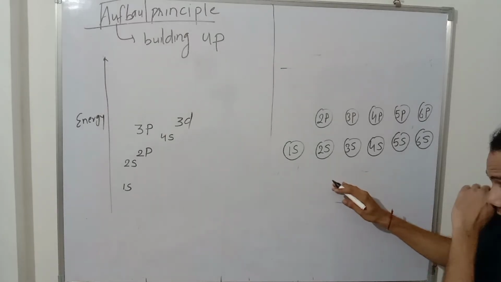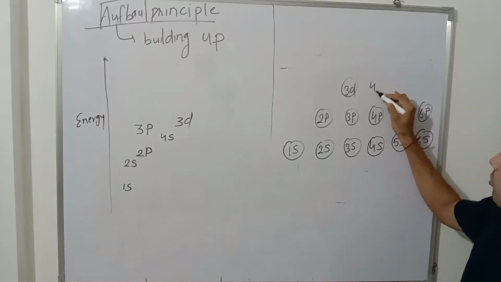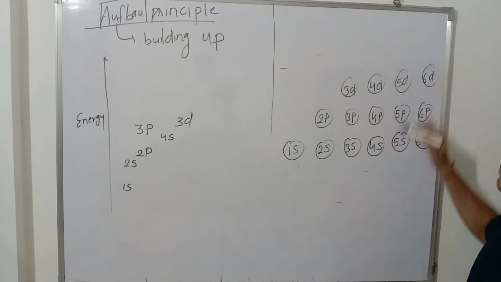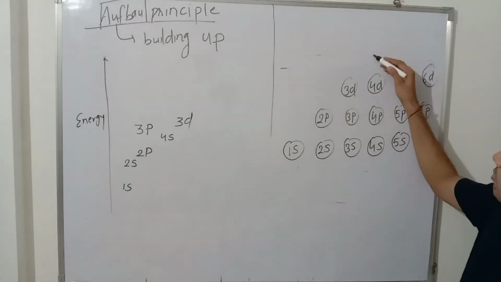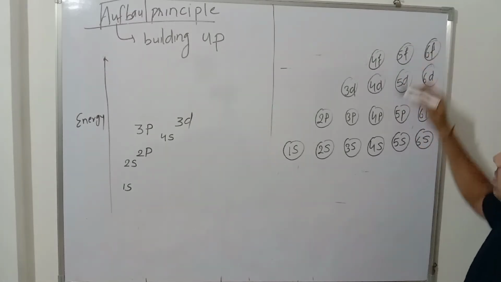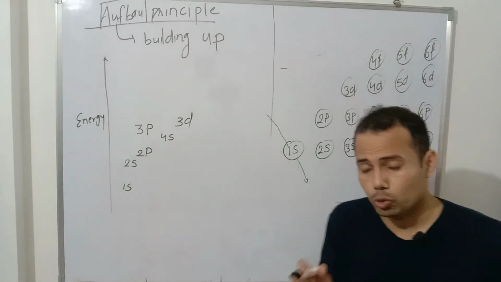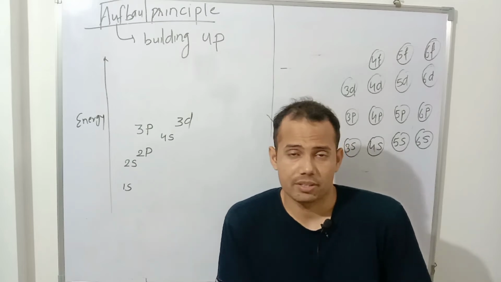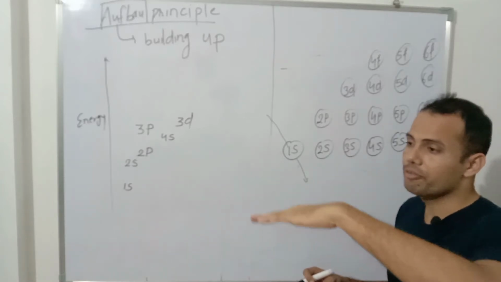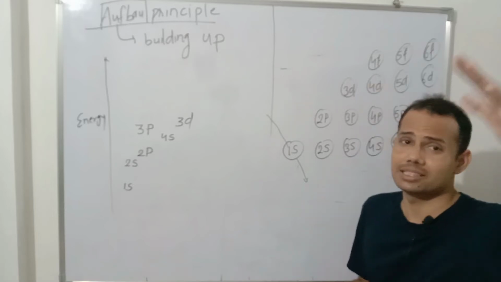Then next will be 3d, 4d, 5d, 6d. Next will be 4f, 5f, 6f. The lower energy level is the one very close to the nucleus, the first orbit, and it has lower energy. As we move away from the nucleus, the energy of that energy level increases.